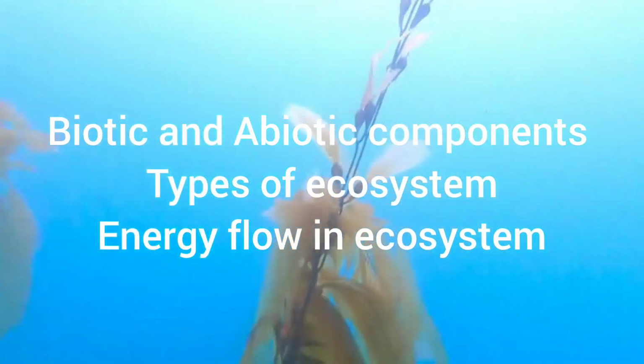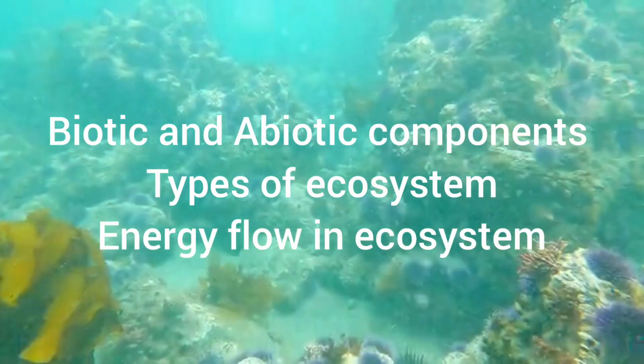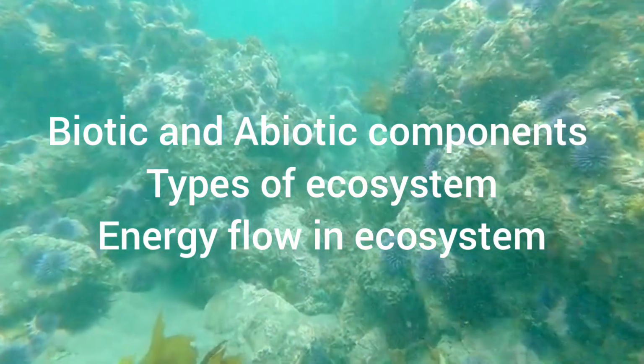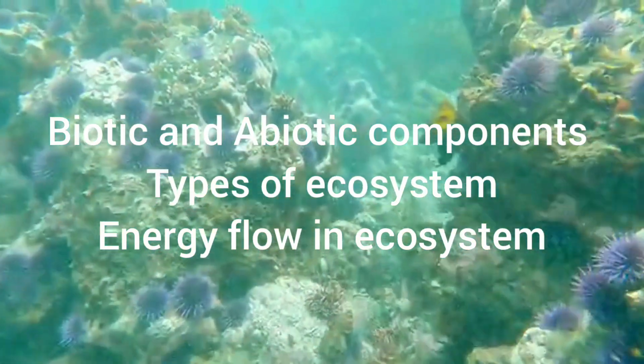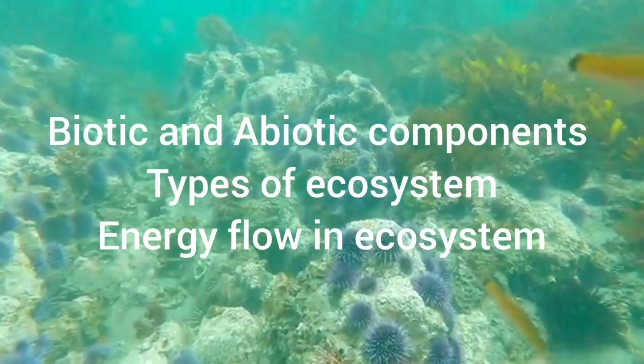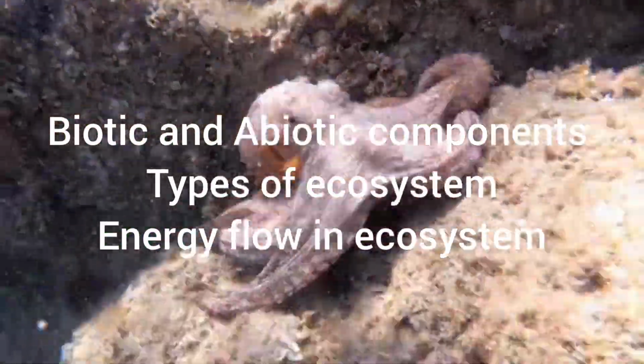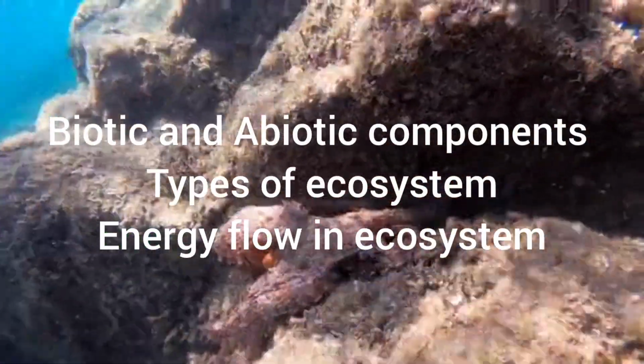Now we are going to talk about the heterotrophic components or the heterotrophs. Such living organisms depend on autotrophs for their food and consume the matter built by the primary producer. On the basis of consuming the food, heterotrophs are grouped into three categories.